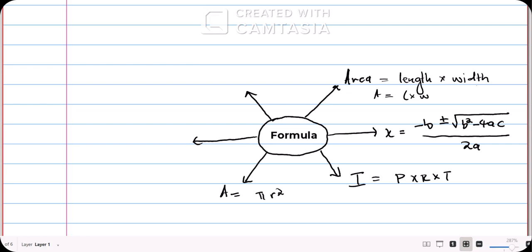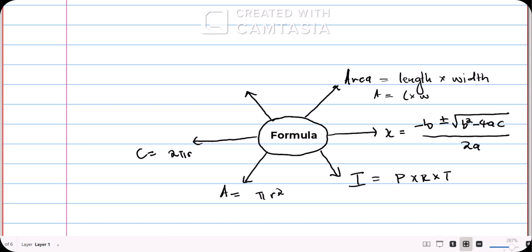Then for the circumference, sorry, not the area, if you are calculating the circumference of a circle, you say C is equal to 2 pi r.